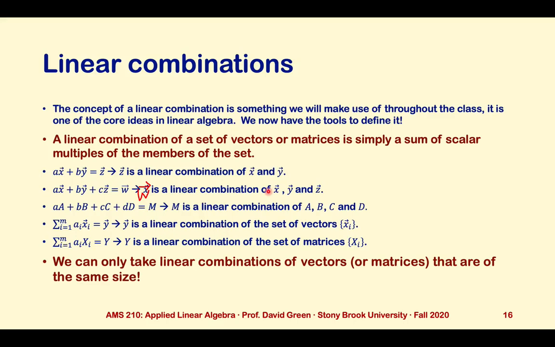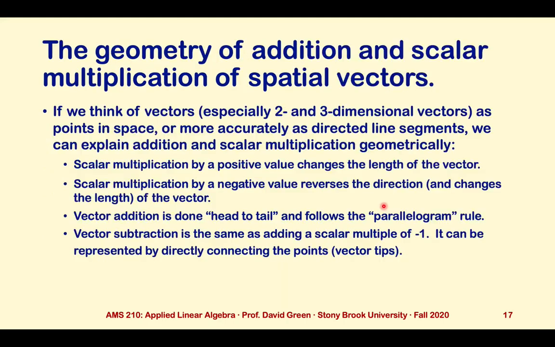Because of how matrix addition, vector addition, and scalar multiplication work, we can only take linear combinations of a set of vectors or a set of matrices that are of exactly the same size. It doesn't make sense to take linear combinations of objects that are not of the same type or the same size. All right. Now, that was all defined purely in symbolic math.